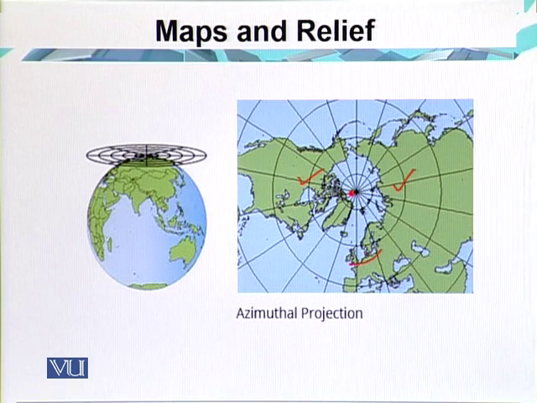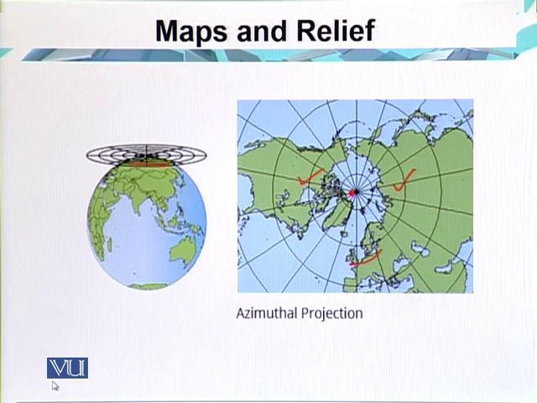These areas can be truly pictured in azimuthal projection or zenithal projection. The technique here is that the paper can be placed over the north of the globe.